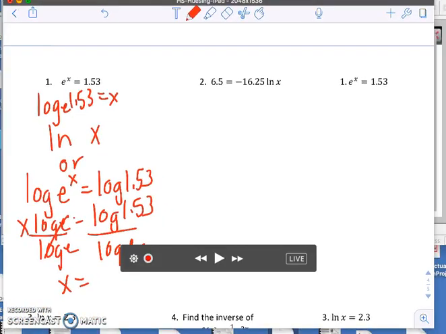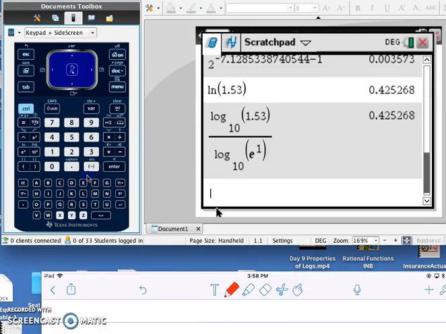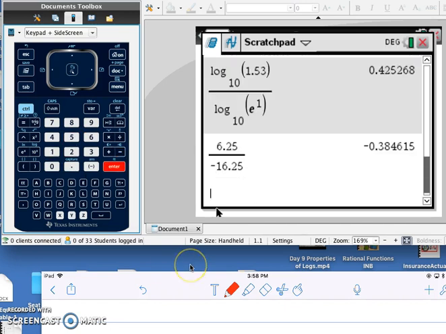So for example, this next one, I see that it's natural log of e, but we got to get that by itself. So let's see, what do we have? 6.25 divided by negative 16.25, negative 0.384.